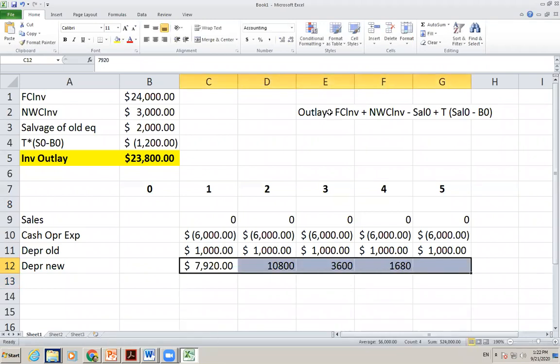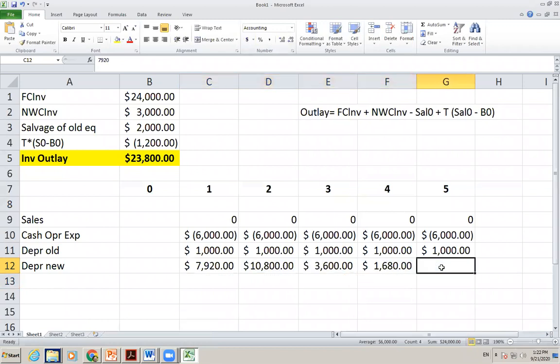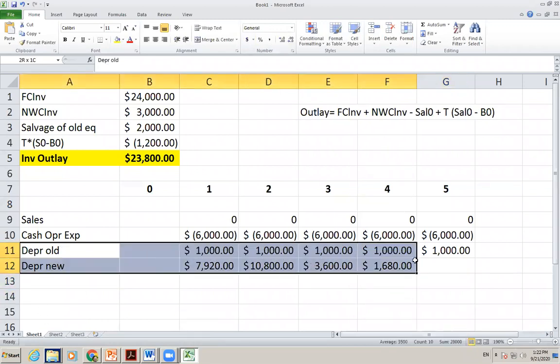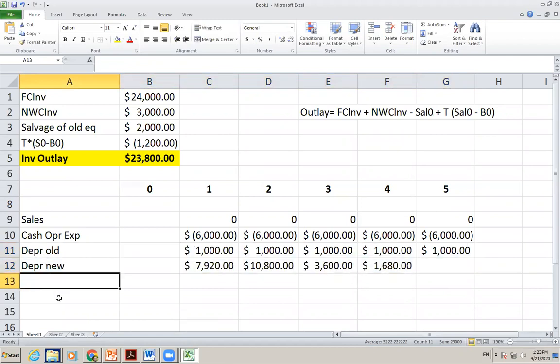I'm gonna dollarize it. Okay. And let me separate that. Okay. And replacement depreciation. Replacement depreciation.